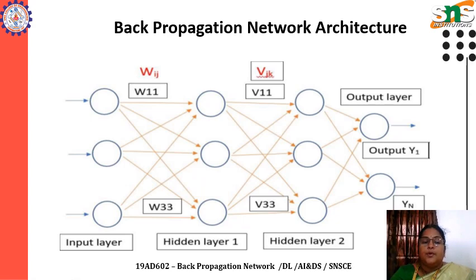Say the input is x1, x2, x3, and the weights associated with each input are considered as W11, 12, 13, 14, etc. And we have V11, V22, V3. So this is the hidden layer. And in the output layer, the output is denoted as Y1, Y2, Y3 till Yn. So this is the architecture of a back propagation network.